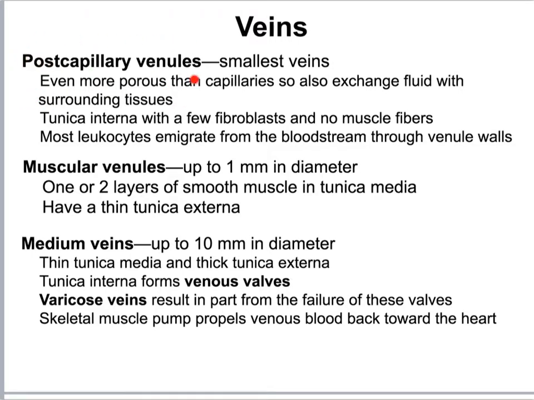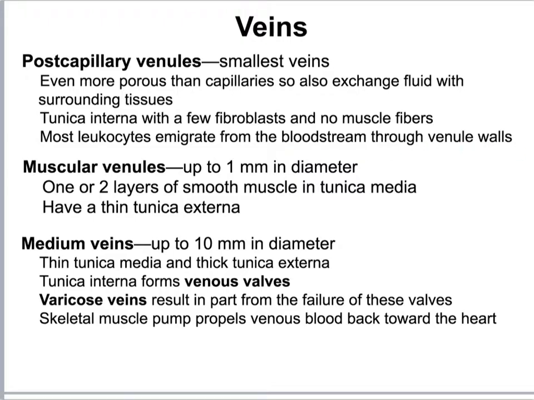So if you have blood that pools in the post-capillary venules, pressure builds up there, more water gets squeezed out, and you end up suffering from edema. Since this is a porous area, leukocytes can immigrate from the bloodstream through the venule walls.